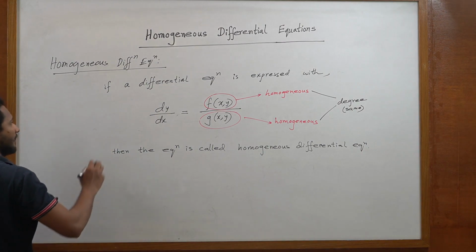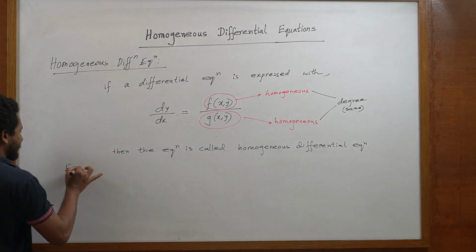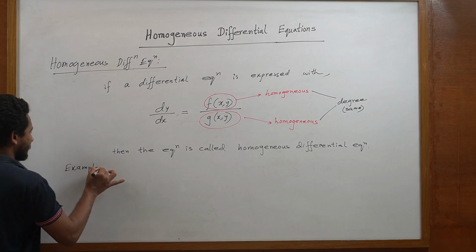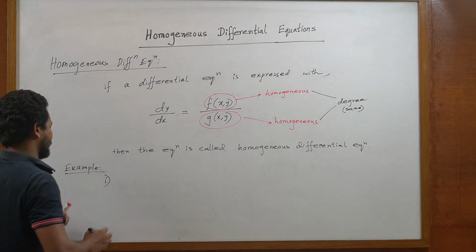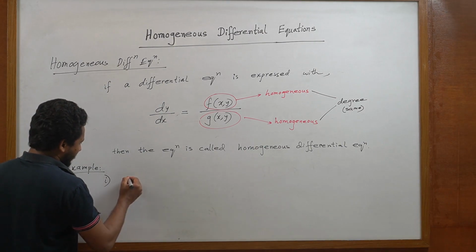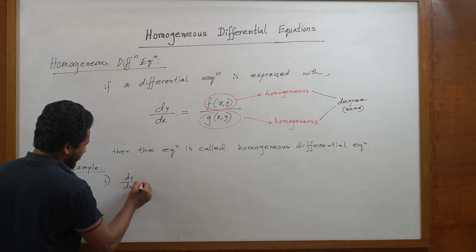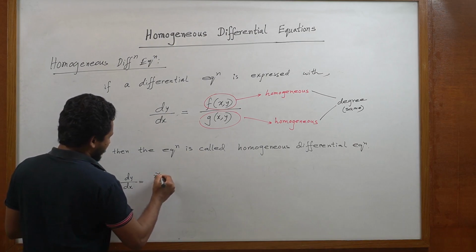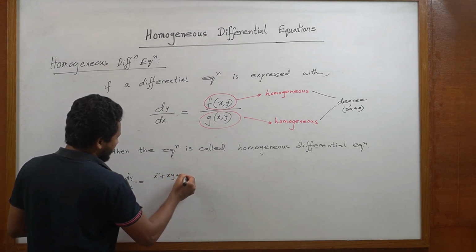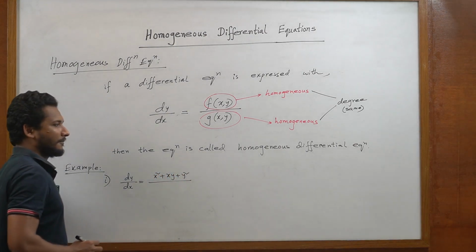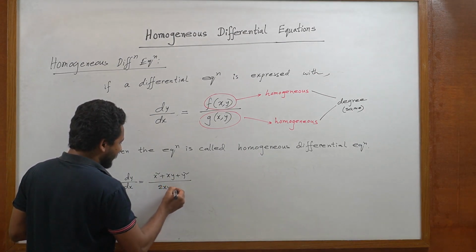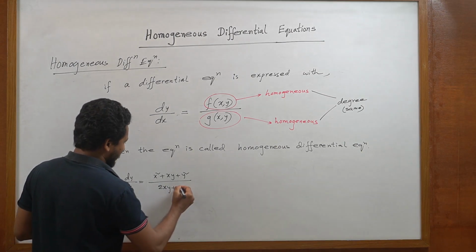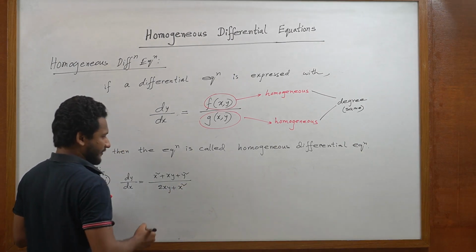Now let's take an example. Let's say dy/dx equals x square plus xy plus y square over twice xy plus x square.